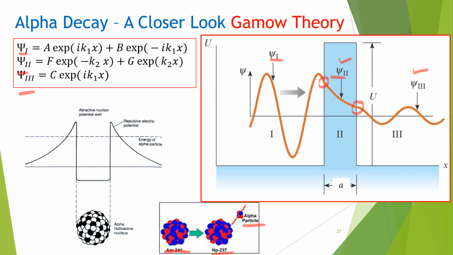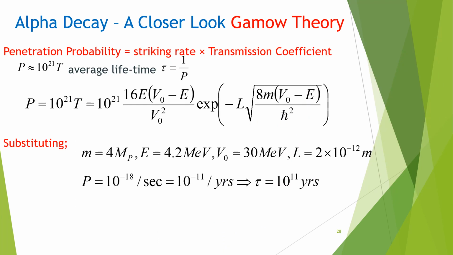This continuity consideration has given smoothness to the wave function, and we could evolve the involved constants. Now here we have probability expressed as 10 to the power 21 times the transmission coefficient, and this is the transmission coefficient in our format.